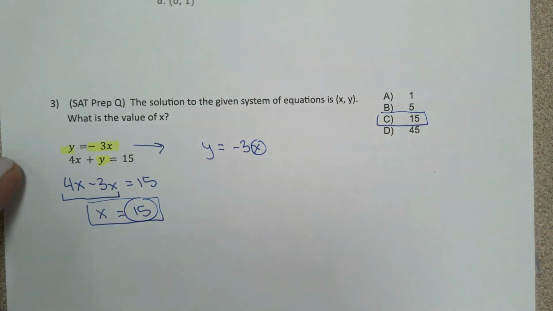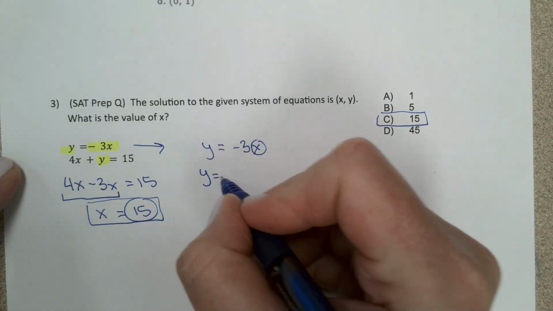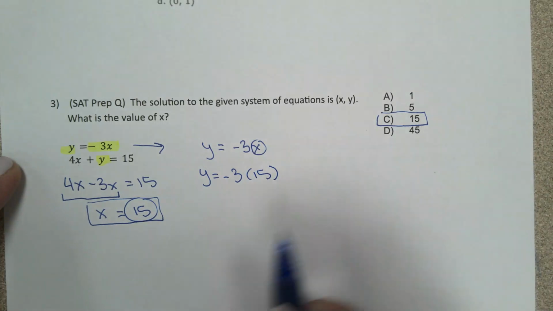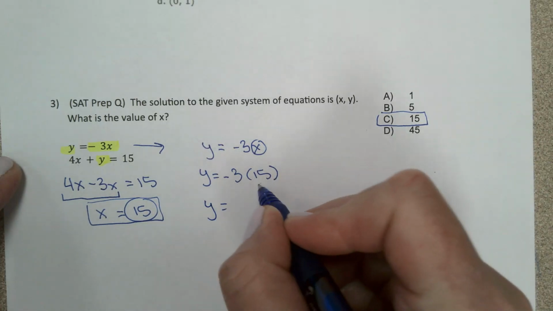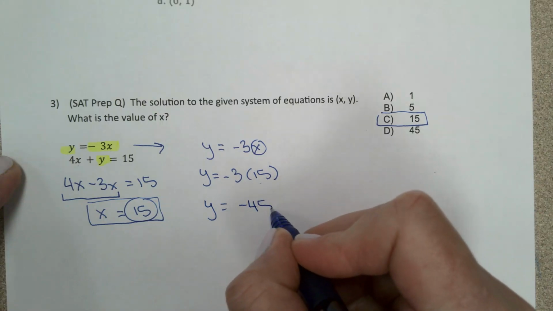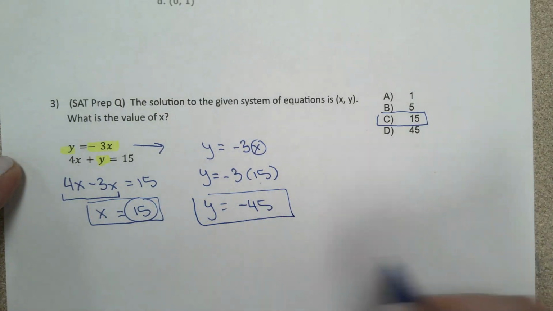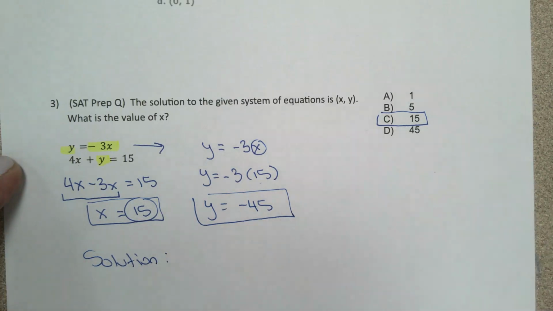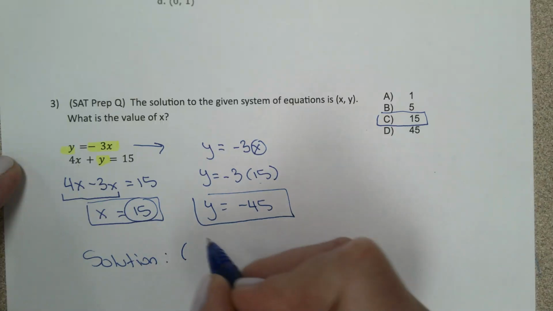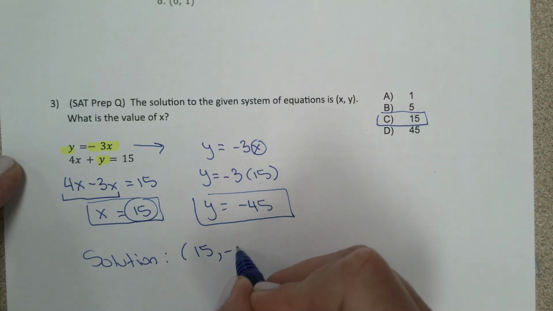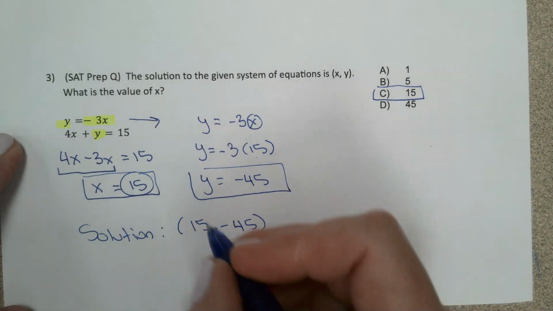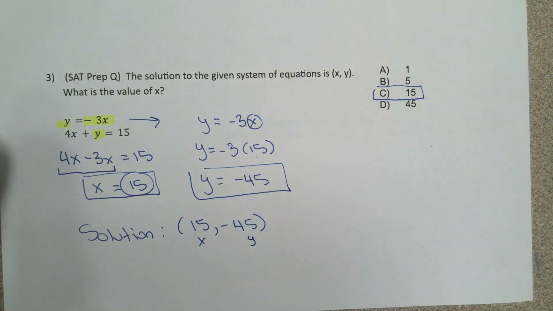So in place of that x, that's where I'm going to plug in my 15. So negative 3 times 15 equals negative 45. So the solution to this system is 15, negative 45. We always write our solution as an ordered pair, x comma y.